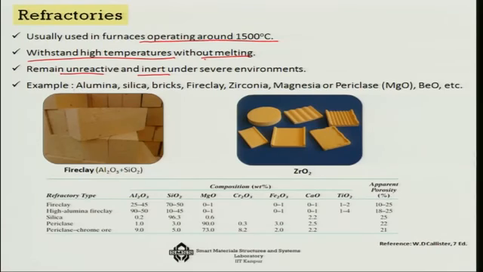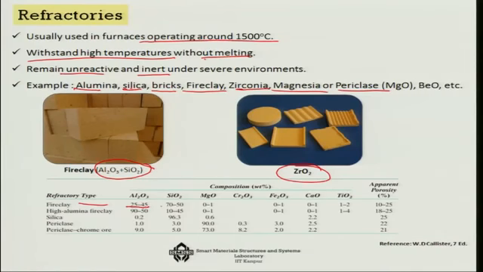There are many examples of them, like alumina, silica bricks, fire clay, zirconia, magnesia or periclase. So, there is fire clay, which is a combination of alumina and silica, or there is zirconia. I will talk about zirconia later. If you look at it in terms of compositions, suppose fire clay, you will see that most of it is actually alumina.